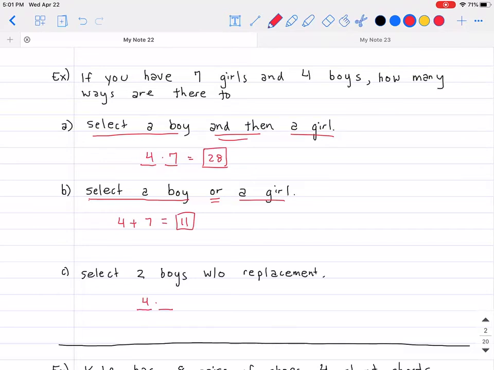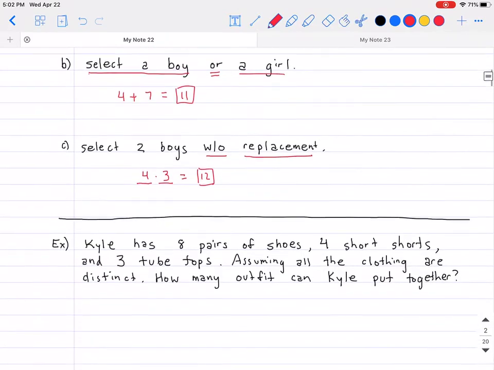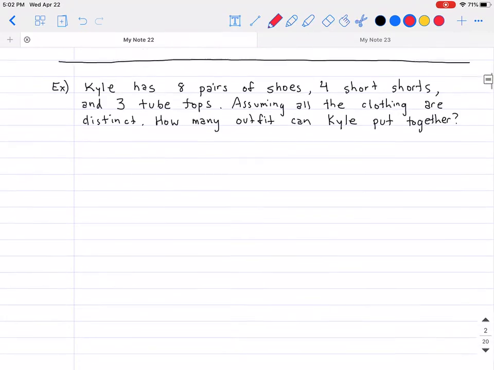What that means is you're not going to put the boy back, because as soon as you select a boy, he's gone, and you're going to only have 3 to select from. So in the second event, that's going to be 3. So the answer is 4 times 3, which is equal to 12. The key thing to consider is that there is without replacement, which tells me it's going to be 1 less than that.